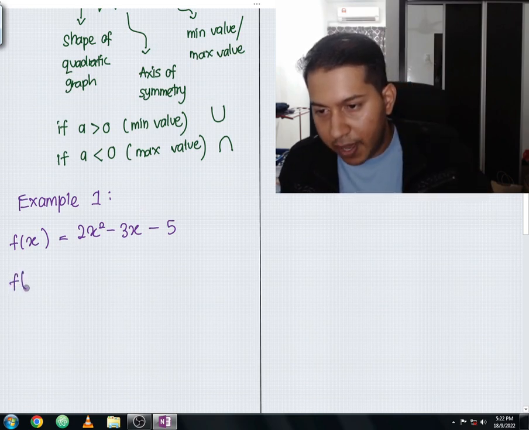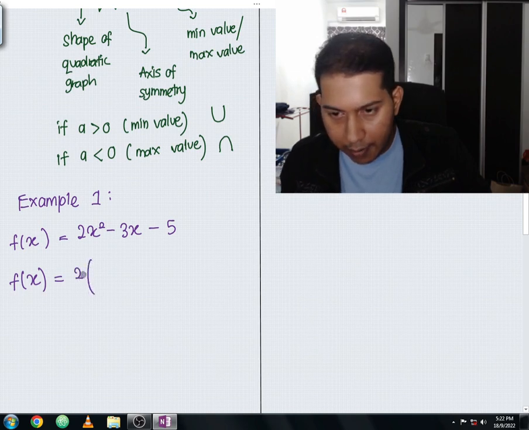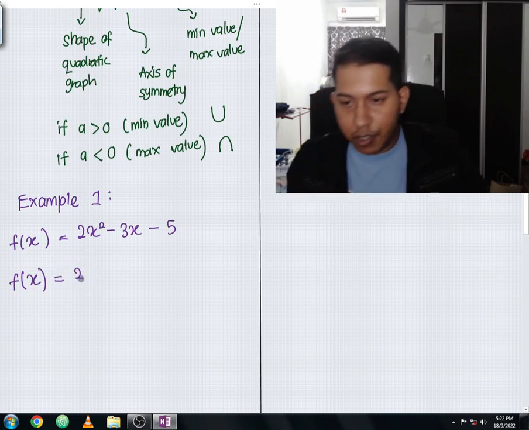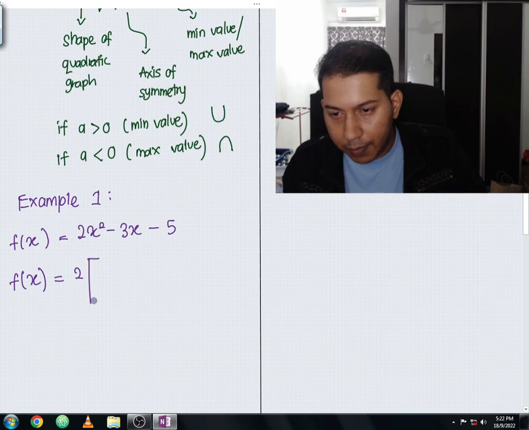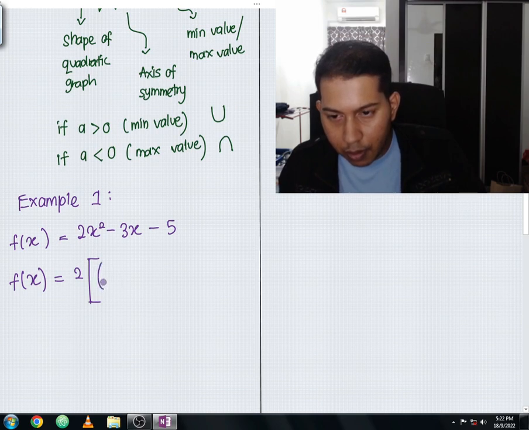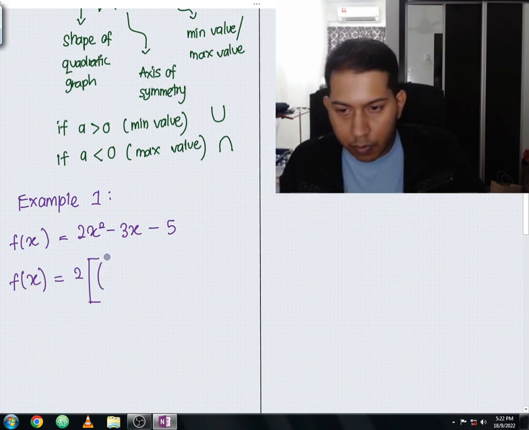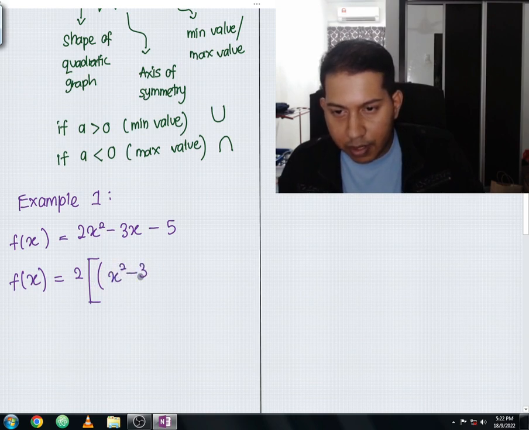So f(x) equals 2 in a square bracket. Whenever you do this, make sure you put a square bracket, guys. Then inside, make a curved bracket: x squared minus 3x minus 5 over 2.